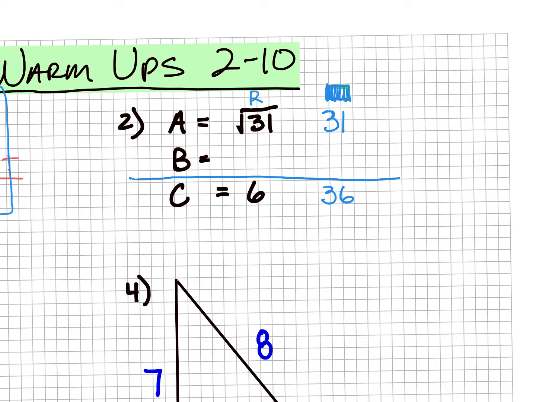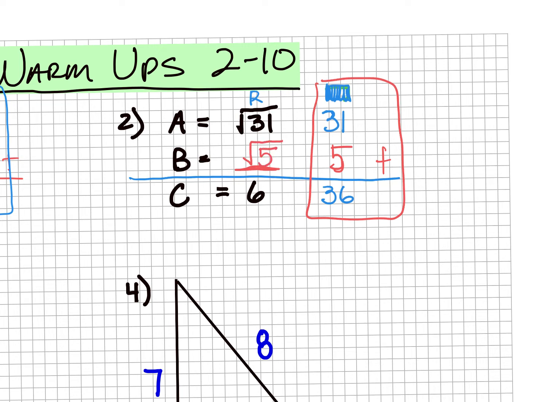So when I see, okay, what's missing, because this column needs to add up together, I'm missing 5. So that means what we're missing over here is the square root of 5. Because we have the square is 5, we need the square root of 5, and we don't know that answer.